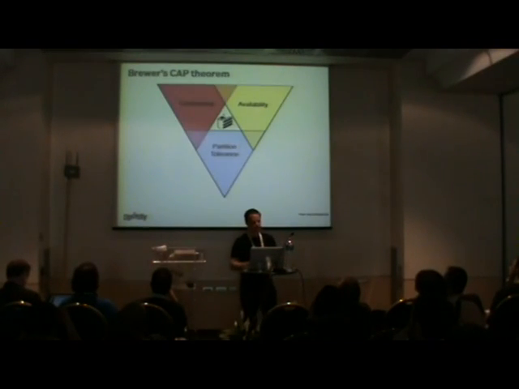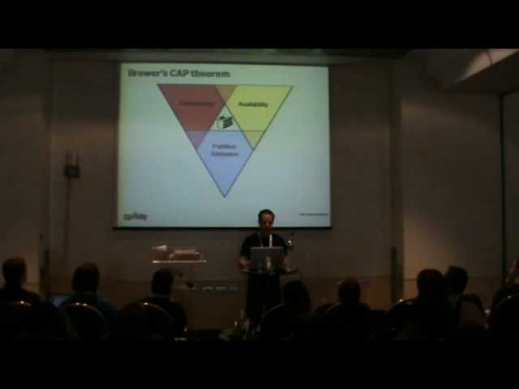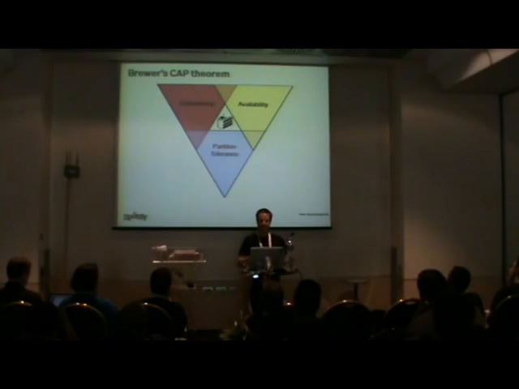So this guy named Brewer came up with this theorem called the CAP theorem. And CAP stands for consistency, availability, and partition tolerance. In this context, consistency means something like, if you write some data and you want to read it back, you should get the same thing.